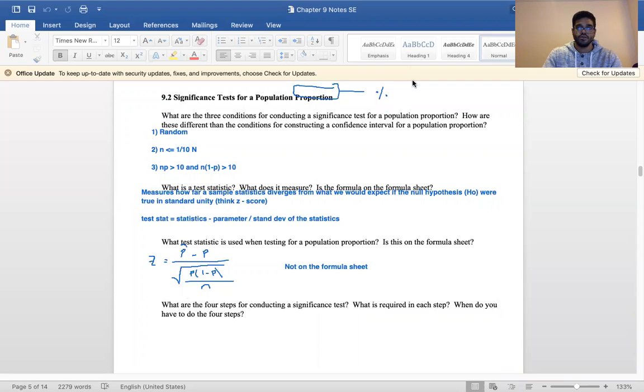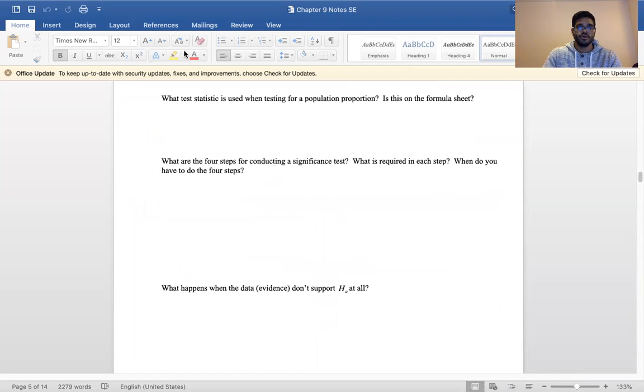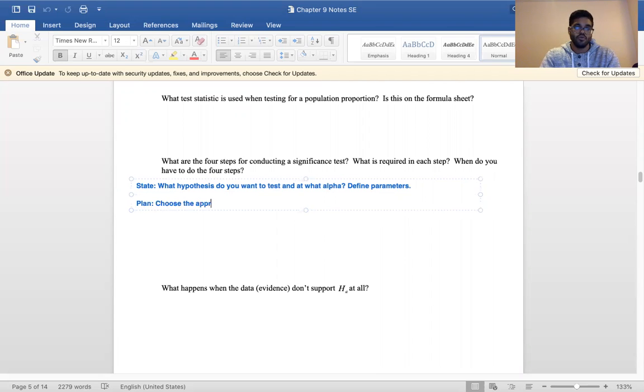All right, so now this leads into the state, plan, do, conclude. So what is the state, plan, do, conclude for this? Your state is going to be: what hypothesis do you want to test, and what alpha. Okay, define your parameters. Your plan is going to be to choose the appropriate method and check conditions.